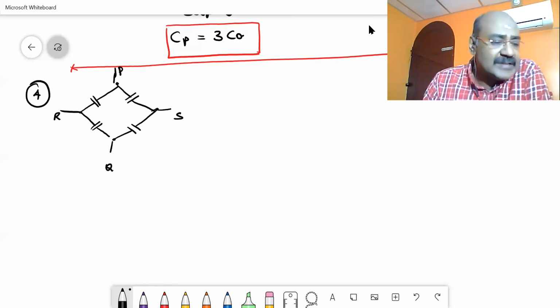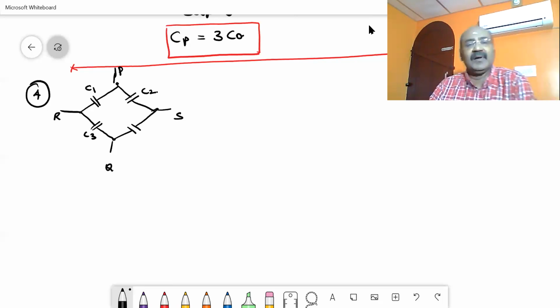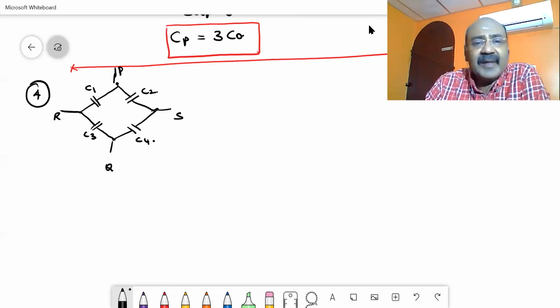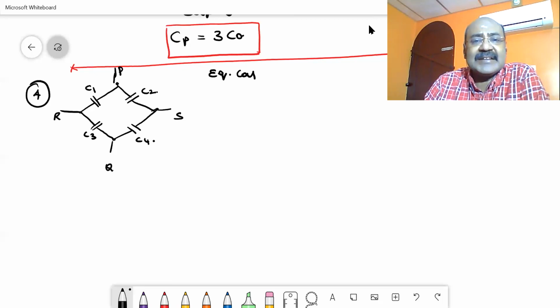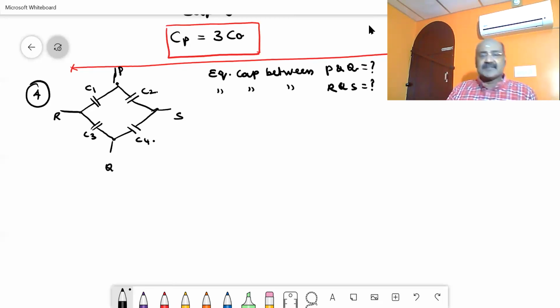They have given this as C1, this is C2, this is C3, and this is C4. You are asked to calculate the equivalent capacitance between P and Q, and also the equivalent capacitance between R and S. So two problems are being asked.